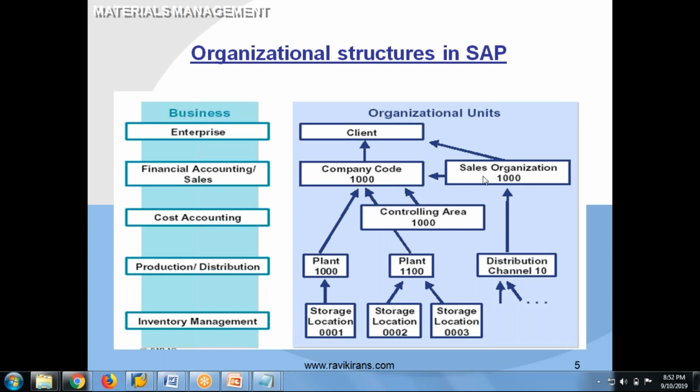Sales organization and distribution channel are created by the SD consultant.